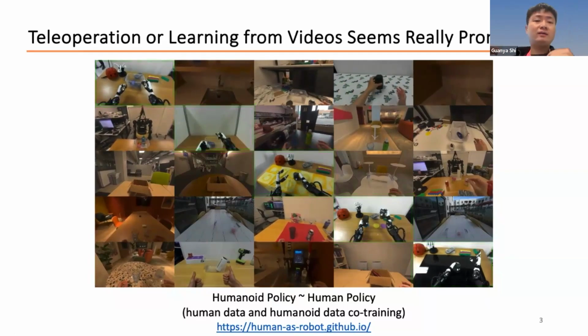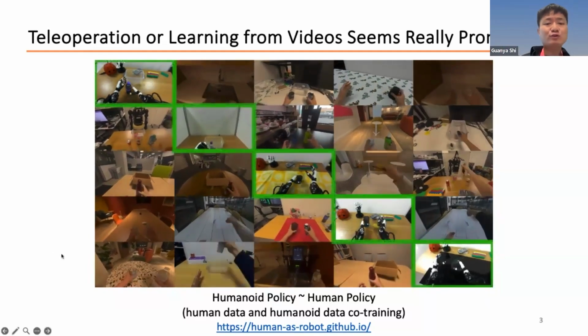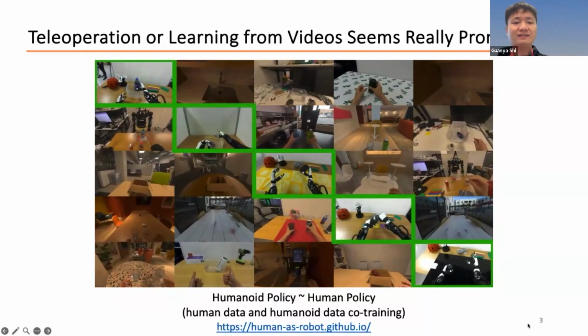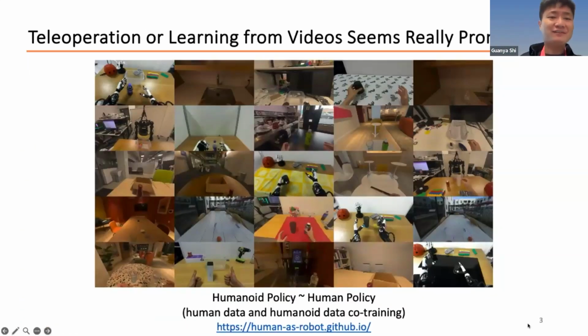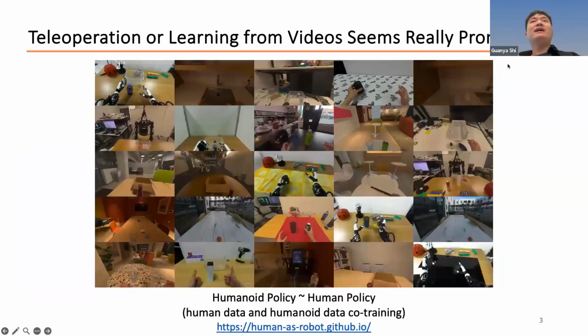So what we did is we learned a unified policy using a unified representation space to co-train a policy from human data and humanoid data. I can keep talking about this, it's going to be a VLA talk, but apparently that's not the topic.